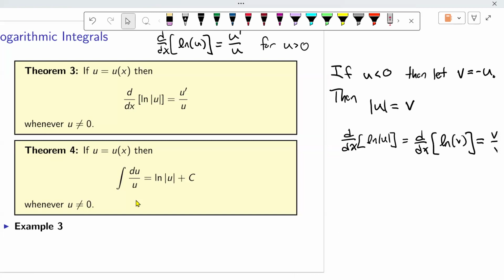Have you noticed that I've taught you the antiderivatives of sine and cosine, but I haven't taught you the antiderivative of tangent? How do I take the antiderivative of tangent? That's a good question. See if you could figure it out. This talk about natural logarithms will help.